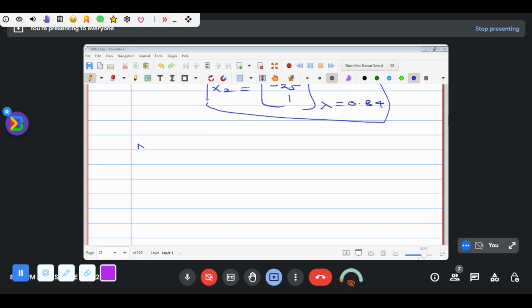Normalized vector. Correct? The next concept is to find the normalized vector. What is the formula of the normalized vector? I have given that formula.